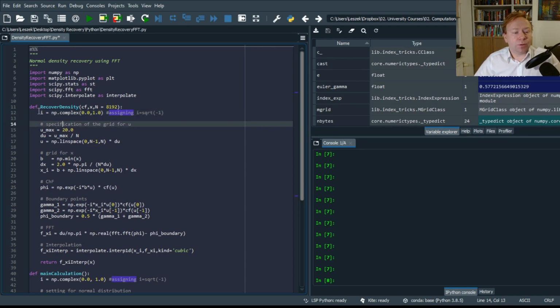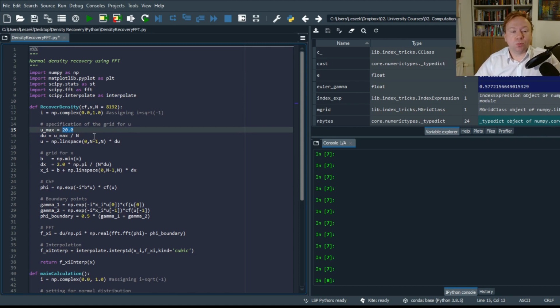Okay, first of all, we define i to be a complex number, complex 0, 1, so it's only the imaginary unit that we have. We define the domain maximum, so this is the u max of our integral. This is a parameter that will be chosen according to when, like we have seen, the characteristic function goes to 0 and it's irrelevant. 20 in this case is rather safe.